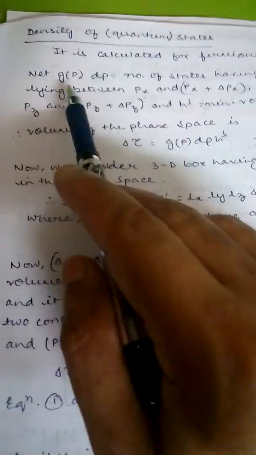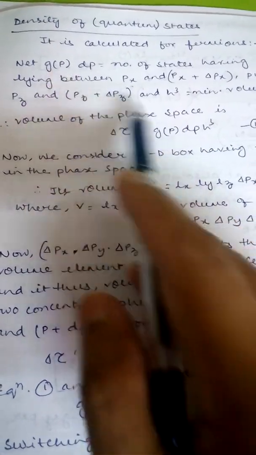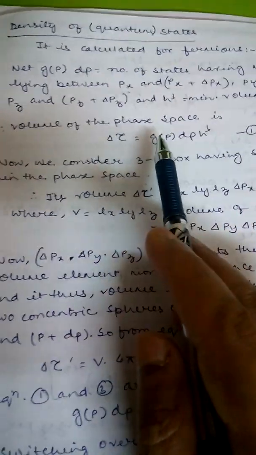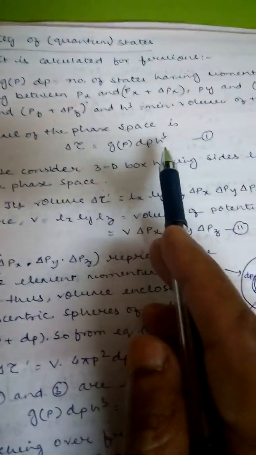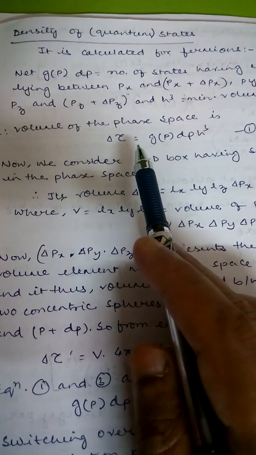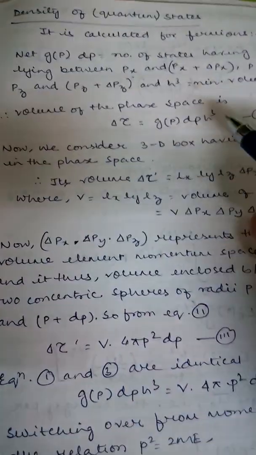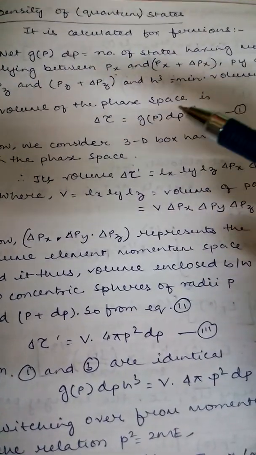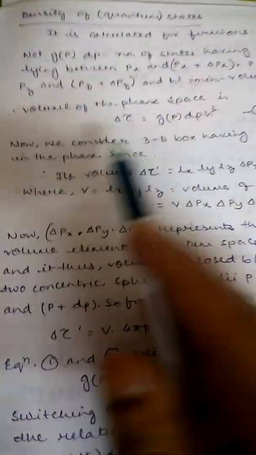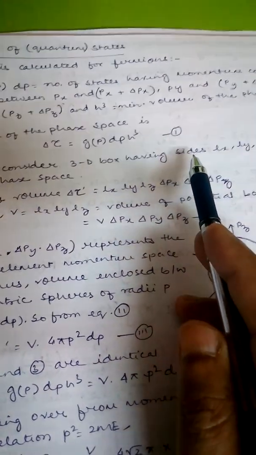As if this is the minimum volume and this is the number of quantum states in the momenta space. So g(p)dp into h cube is the volume of the phase space. Now we will calculate the same volume in another approach, and finally we will equate to find out density of state.